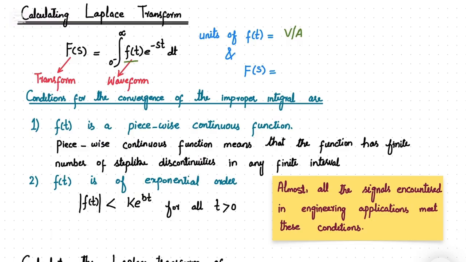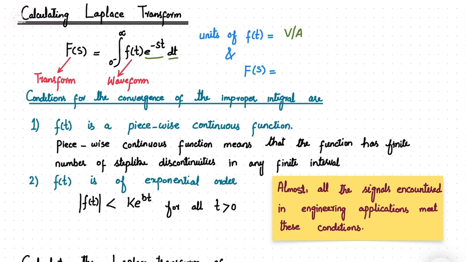So what are the units of e raised to the power minus st? We have already discussed that the units of s are inverse of time. The units of st would be unitless, because s has units of inverse time and time has units of seconds. So e raised to the power minus st is going to be a unitless quantity.